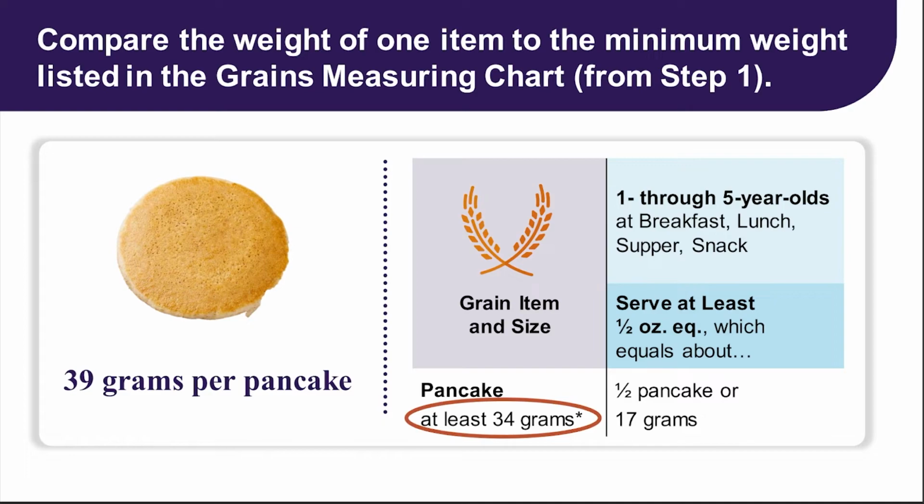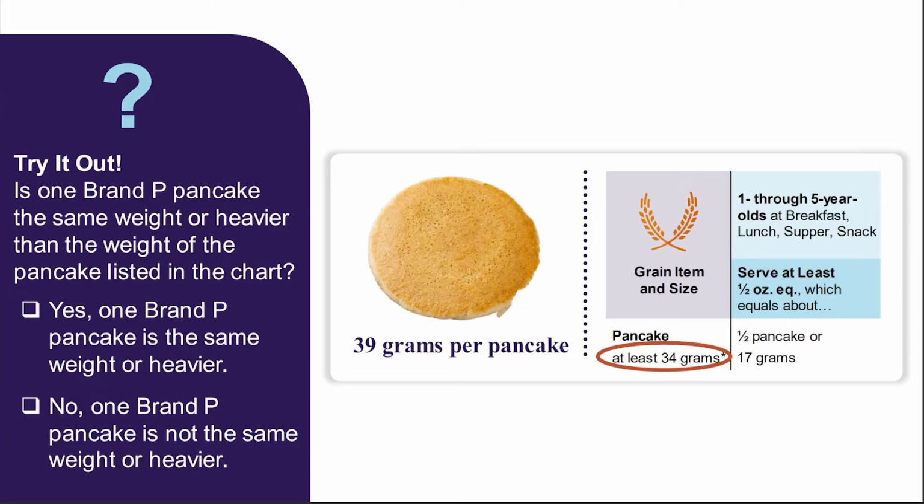Now that we know the weight of one pancake, we can compare that weight to the weight of the pancake listed in the grains measuring chart. Okay, everyone, one last practice question. Look at the grains measuring chart in your worksheet or on the screen in front of you.